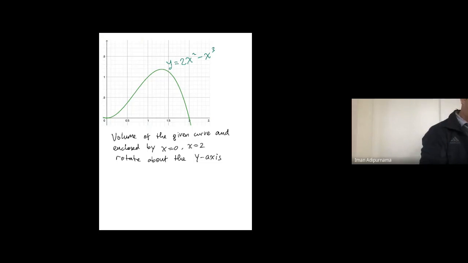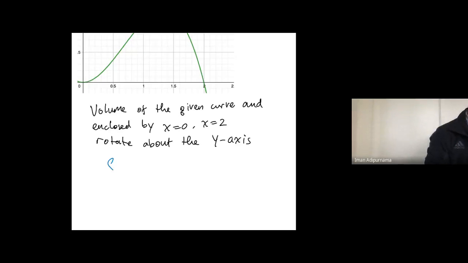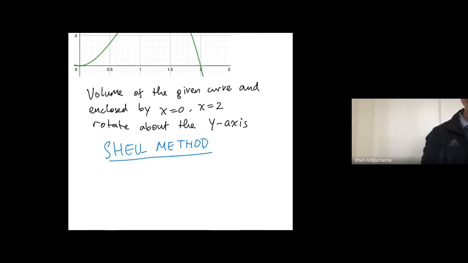So we will go by the name of the shell method. I think I will go through the shell method next Tuesday. Sometimes other textbooks call this the washer, because it's like a washer.